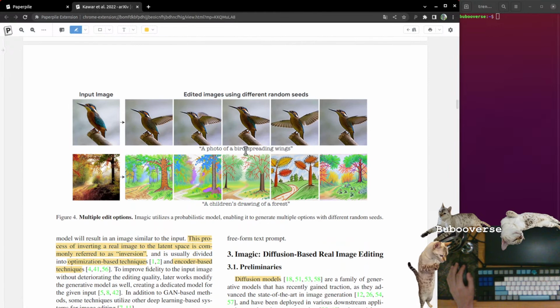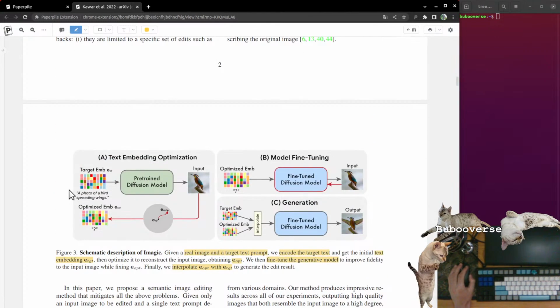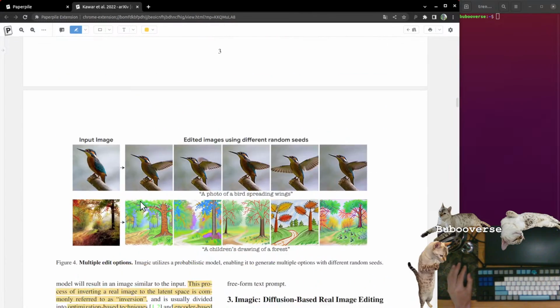Really, this type of research shows you how machine learning has built on top of each other. Even just this tiny step here, taking a photo of a bird spreading its wings and converting it to a target embedding, is done using a large language model. Going from a photo of a bird spreading its wings to a vector in some embedding space, some feature space, the model that converts between those has been trained on the entire text of the internet.